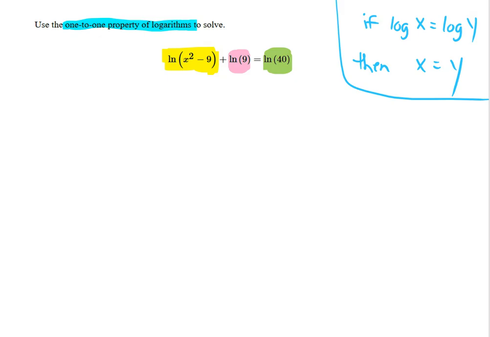You can only have one log on one side and one log on the other in order to use the one-to-one property. I got three separate logs. So two of those logs have to hook up somehow. Doesn't matter how you want to do it.